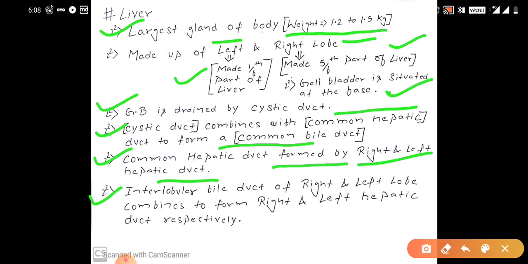So right and left hepatic duct, it is formed by interlobular bile duct of right and left lobe, which combines to form right and left hepatic duct respectively.